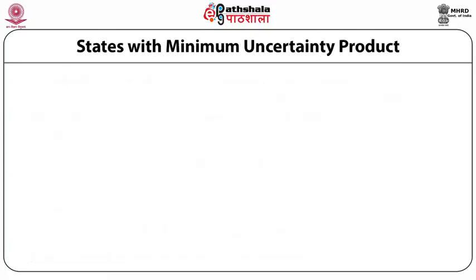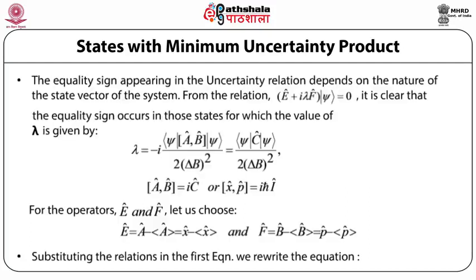States with minimum uncertainty product. The equality sign appearing in the uncertainty relation depends on the nature of the state vector of the system.